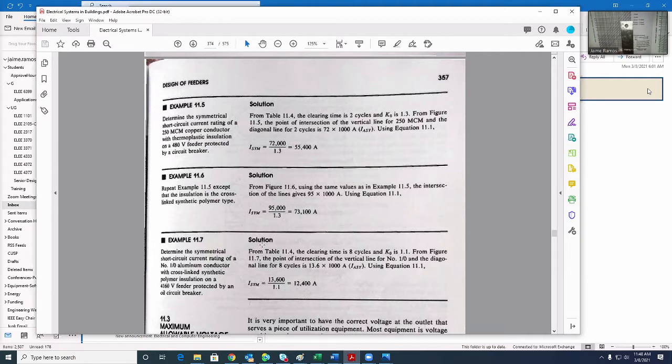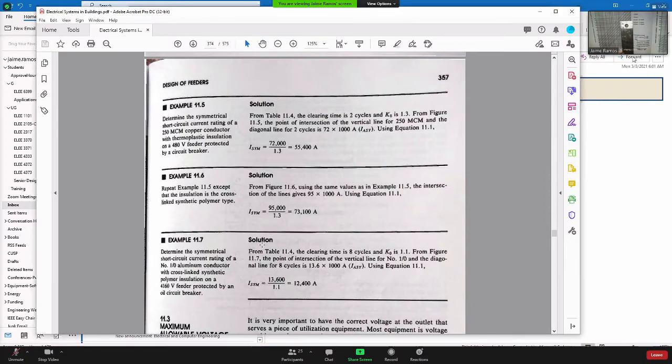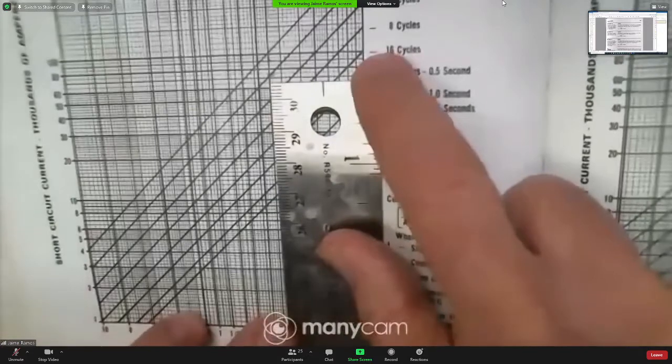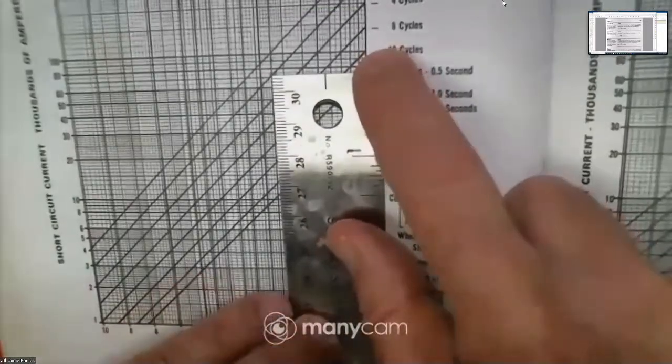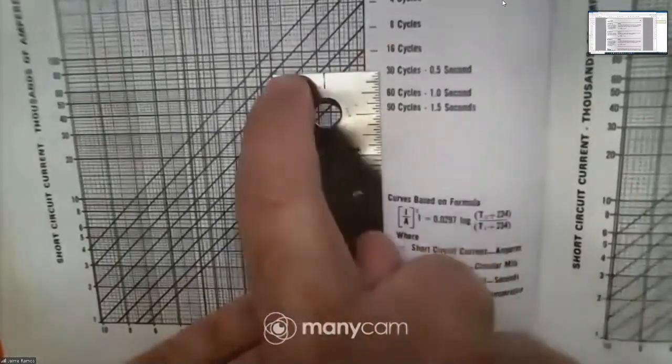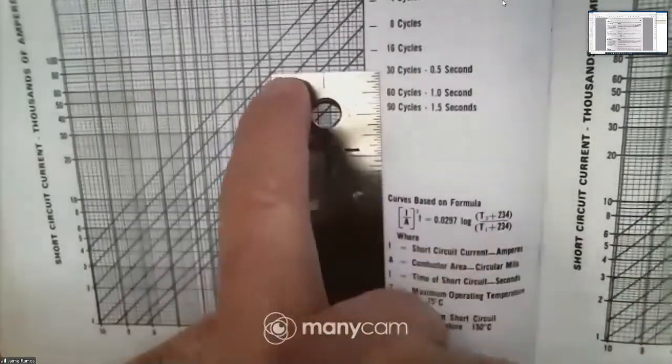Then how many cycles, 2 cycles? So that's this point right here in the corner of the ruler.